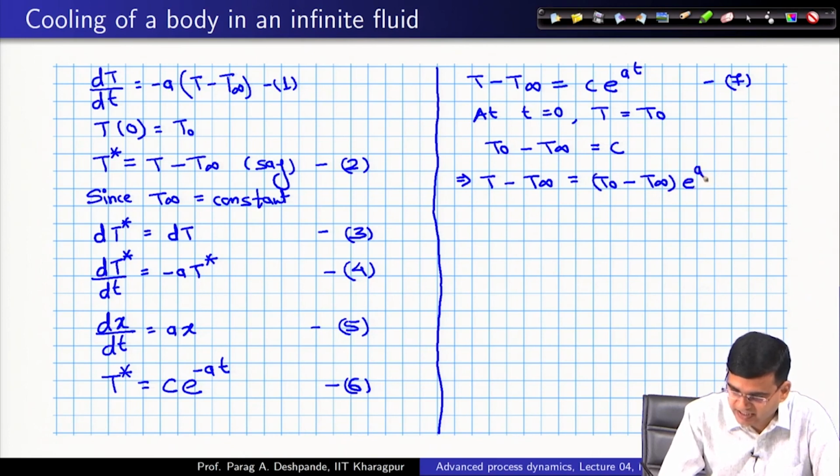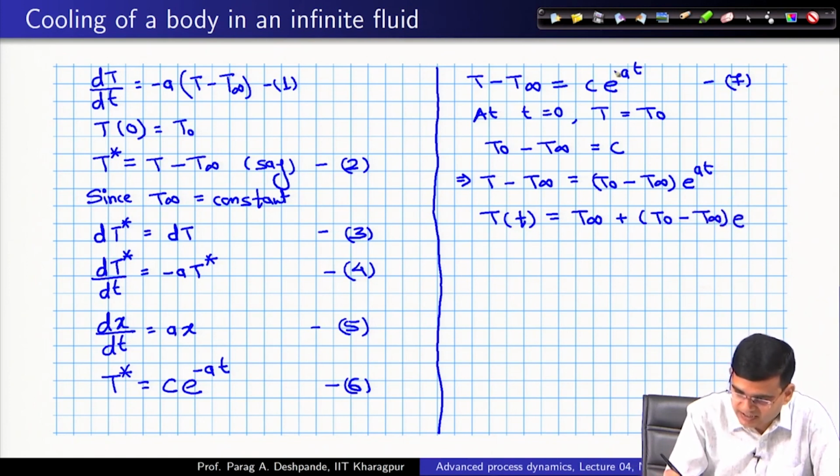to the power a t, or finally, I can write my time evolution. So, let me make it explicit that T is a function of small t as T infinity plus T 0 minus T infinity e to the power, it has to be minus, and this also has to be minus.